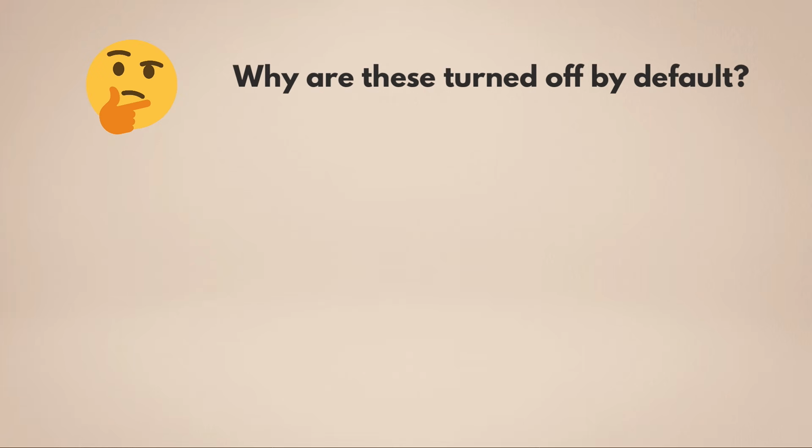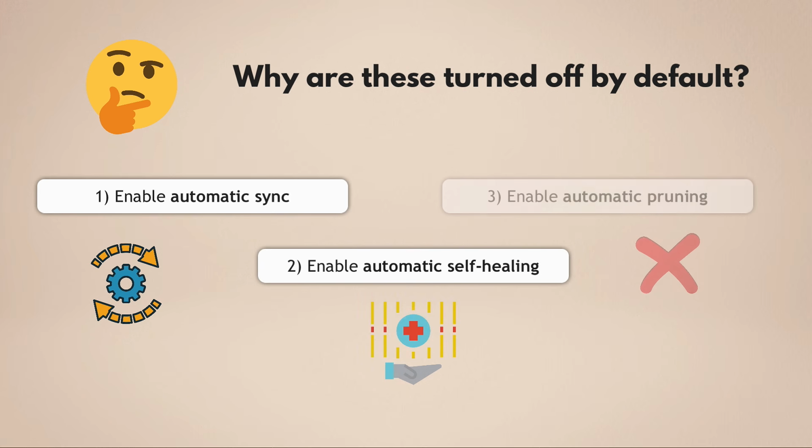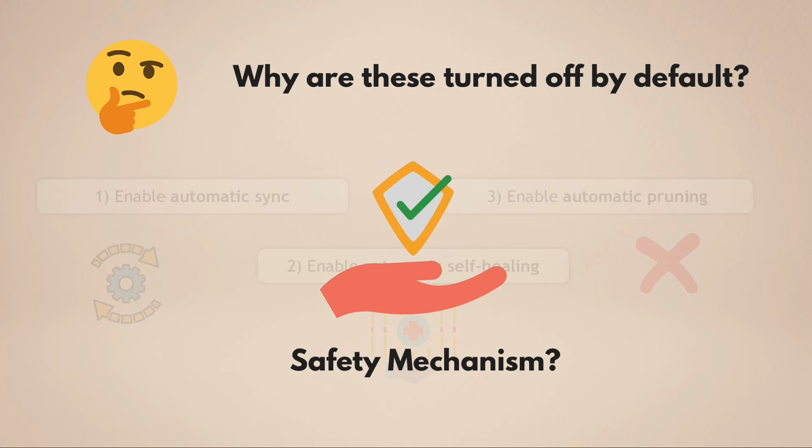Now you'll probably be wondering, why are these things turned off by default? So why do I have to enable automatic sync, or undoing the manual changes, and deleting the applications when their configuration gets removed, and so on. And my assumption is that it's a protection mechanism, so that something doesn't get accidentally deleted.